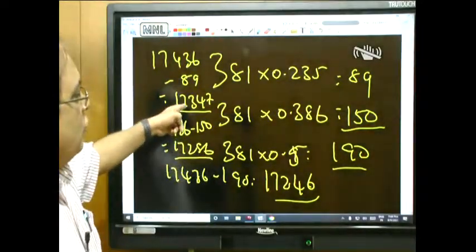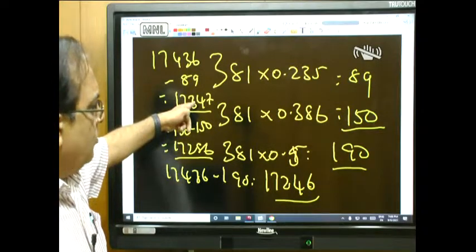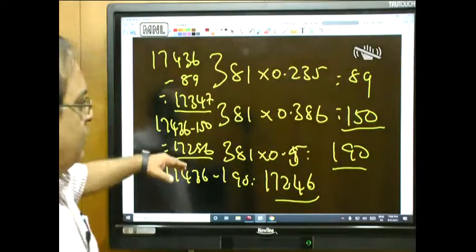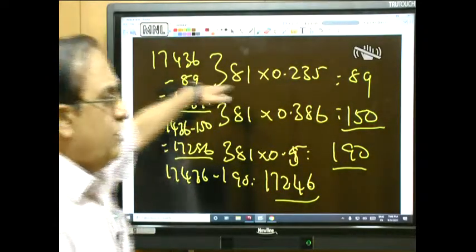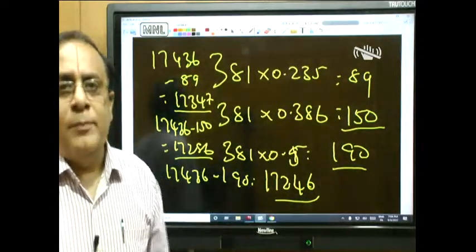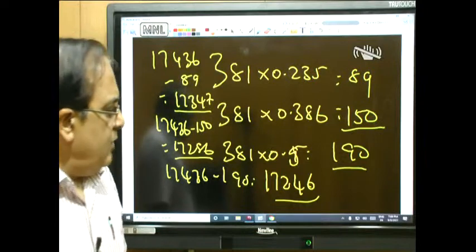So once it started to go above this particular level, you can trade above this with a stop loss below. So the first trade that you could have gotten is above 17,347 with a stop loss of 17,286. Quite a simple thing.